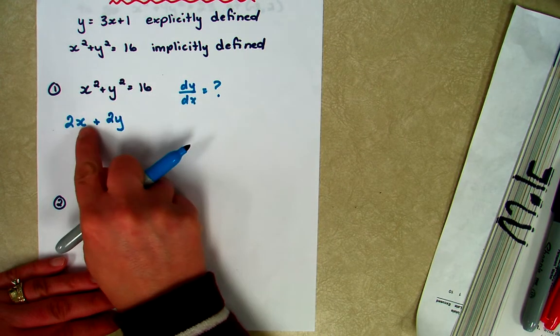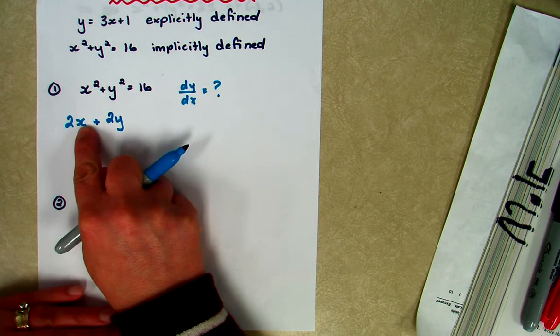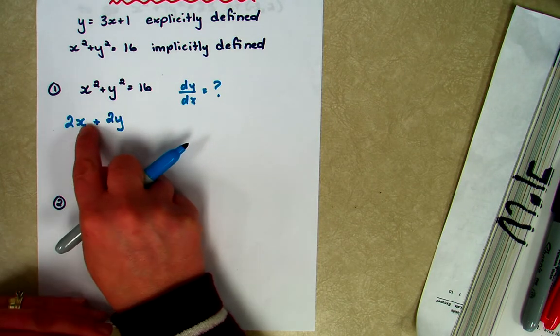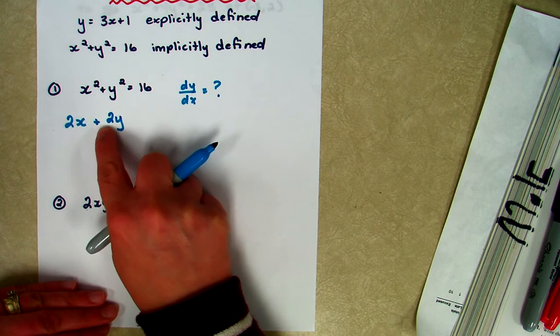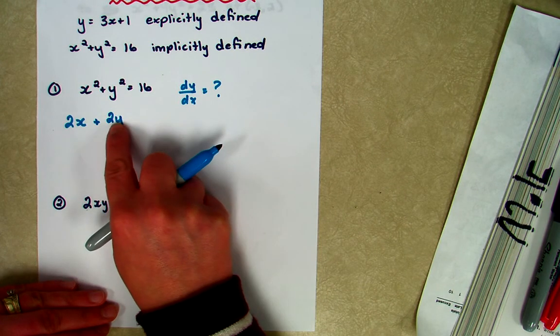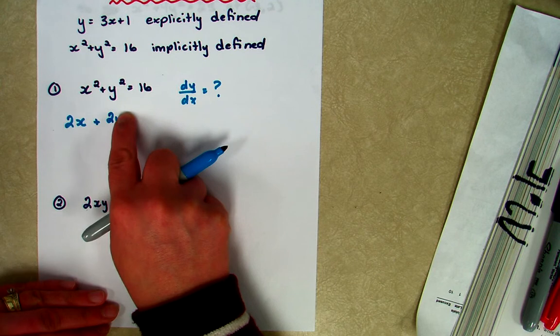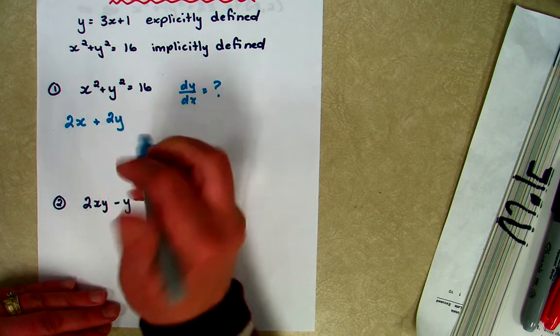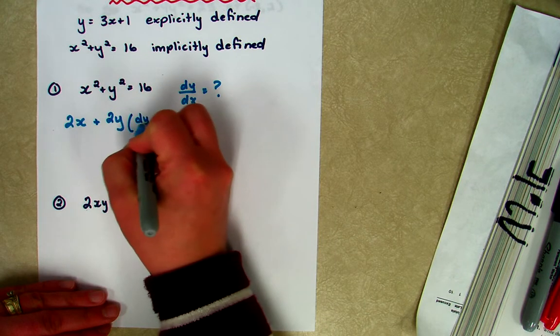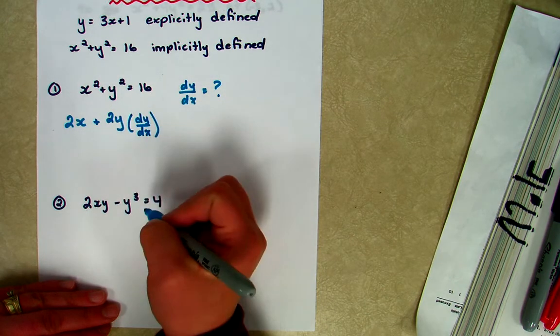But the derivative of x with respect to itself would be dx/dx, which is 1, which is why I don't need it. But when I do power rule to y squared, the 2 comes down in front, the y stays the same, the exponent drops to 1, so I no longer need it. But I have to multiply by the inside derivative. And our inside in this case is just y, and the derivative of y is dy/dx.